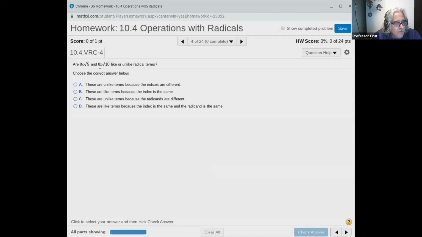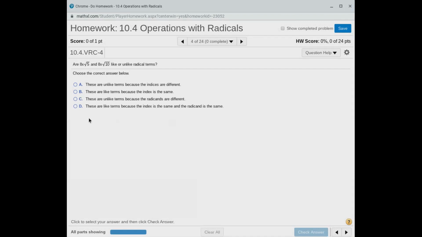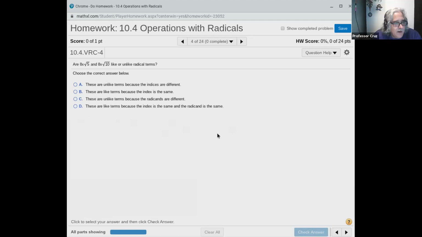Like or unlike? Like, I guess, technically. What's like about them? They're both going to be multiplied. I mean, the inside of the radical on each one of them. What's the inside of the radical? 8x. Yeah, that part's the same, but the radical part.